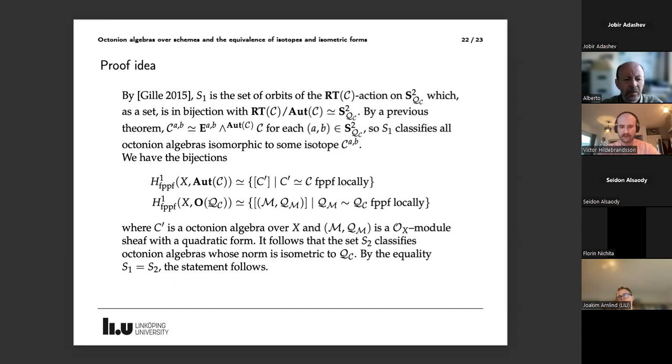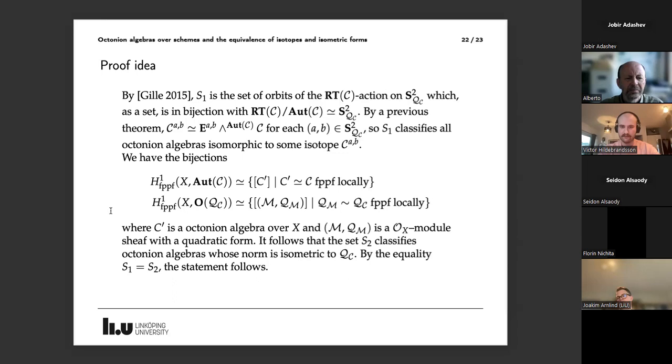And the first cohomology of our orthogonal group scheme is exactly the isomorphism classes of a module sheaf with some quadratic form, which is locally isometric to our Octonion algebra norm.